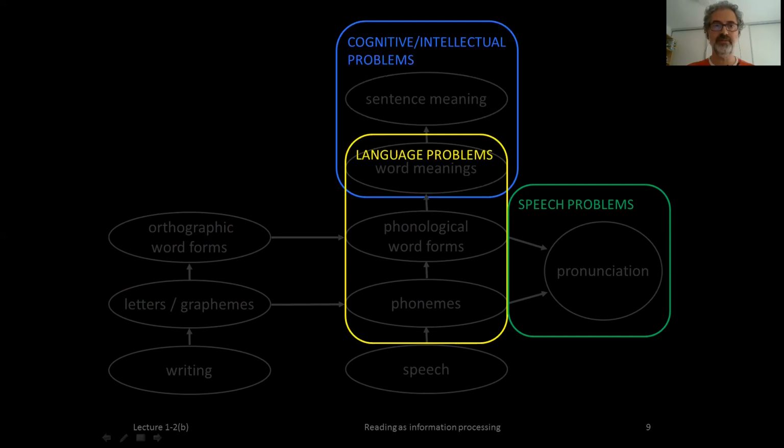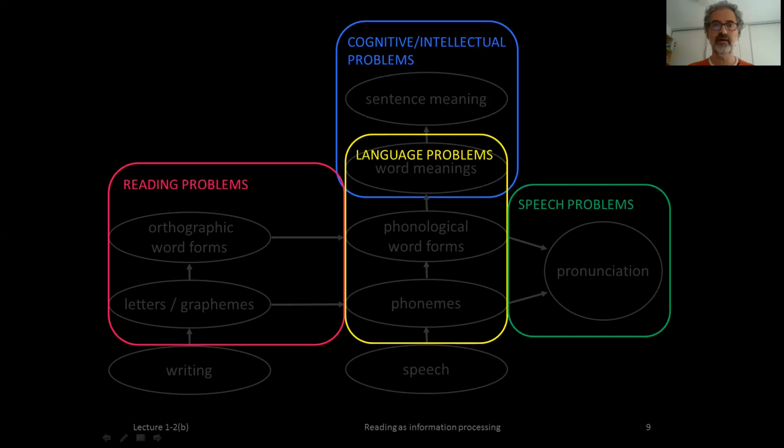And beyond all of these, now we have our own subfield here, which has to do with reading problems. Reading problems concern difficulties ranging from things like recognizing letters or recognizing orthographic word forms or learning the identities of letters or becoming familiar with word forms or with mapping these onto the oral language representations that you already have.